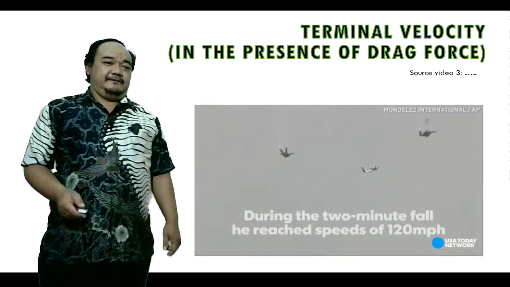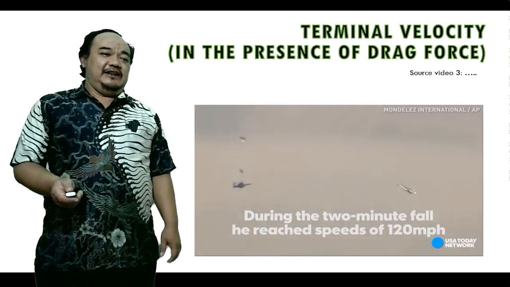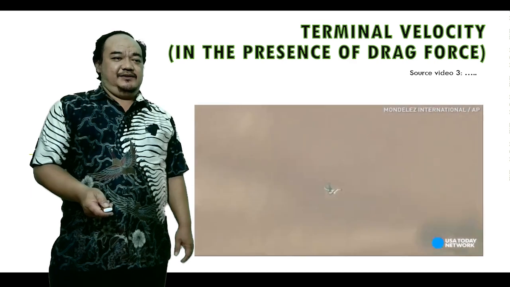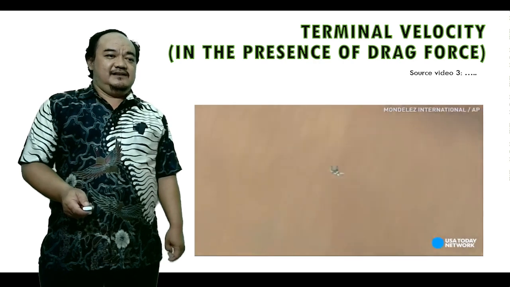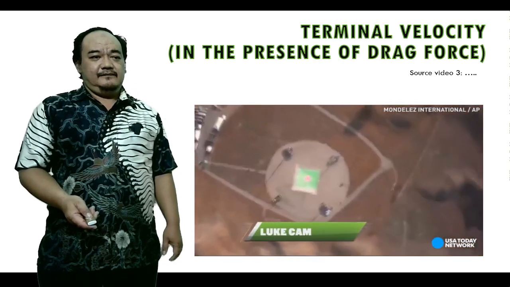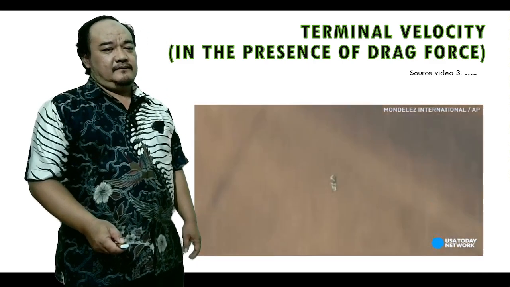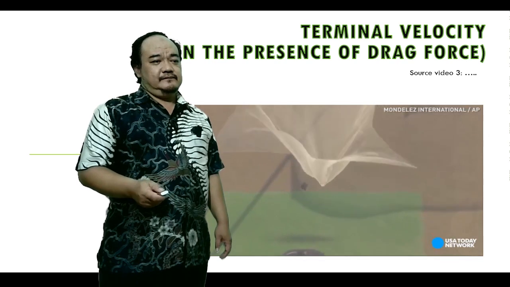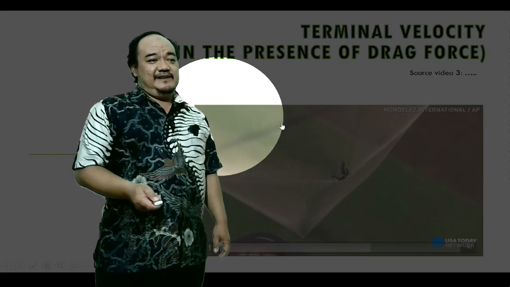But in this case, what makes the skydiver safe when hitting the ground is the use of large nets before the skydiver hits the ground. Okay, you can see here.